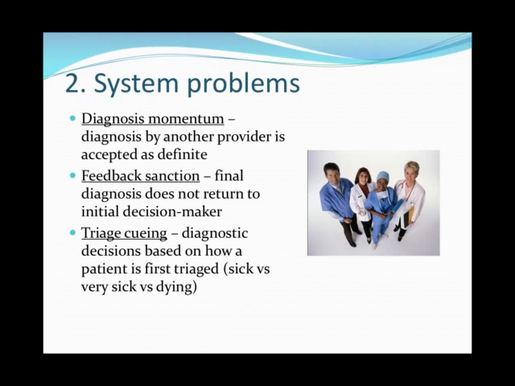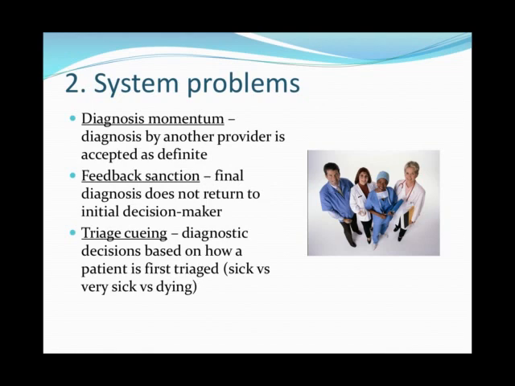Triage queuing is where diagnostic decisions are based on how a patient is first triaged. So like the patient comes into an ER, and he appears a little bit sick, versus very sick, or he looks like he's dying. Diagnostic decisions might be based off that.